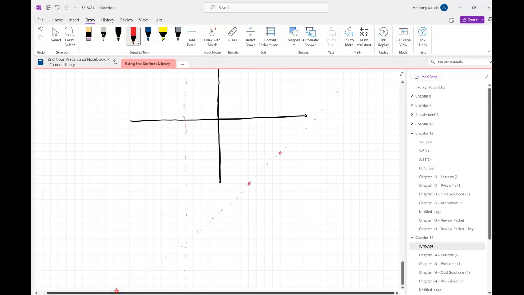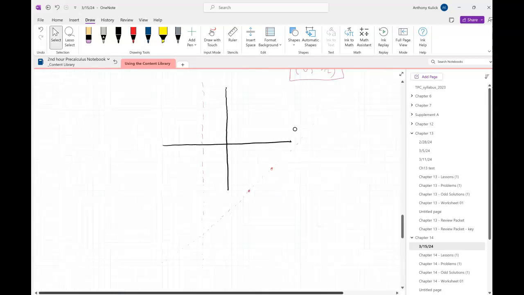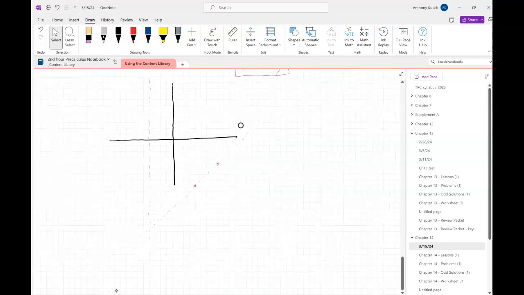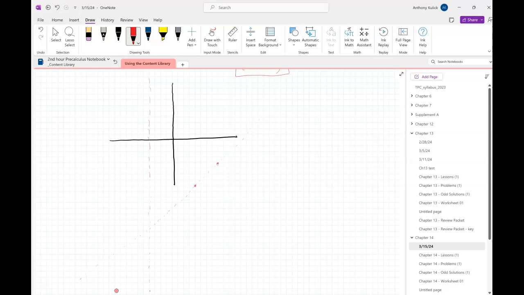So I had to extend my graph there quite a ways to get the intersection of those asymptotes in there. Okay. Is everybody okay with what I've drawn so far?